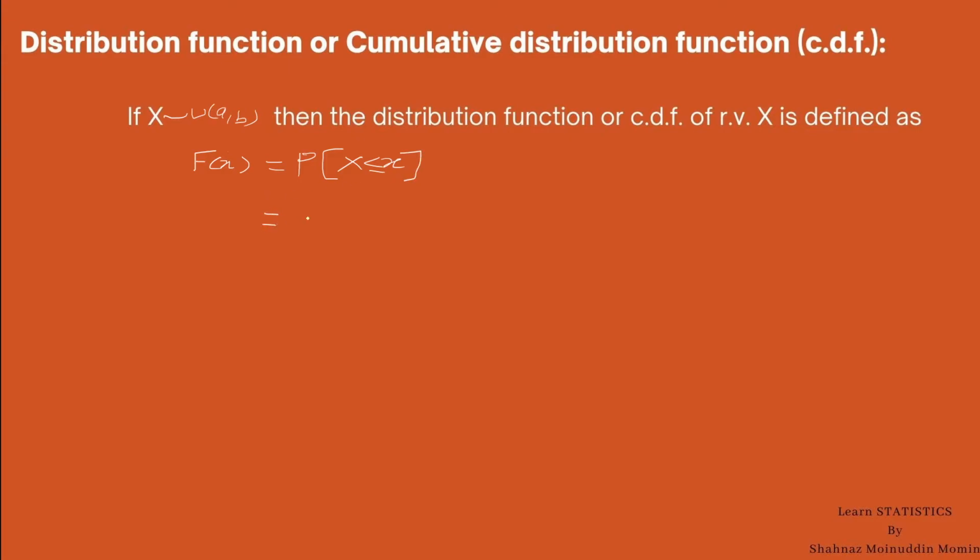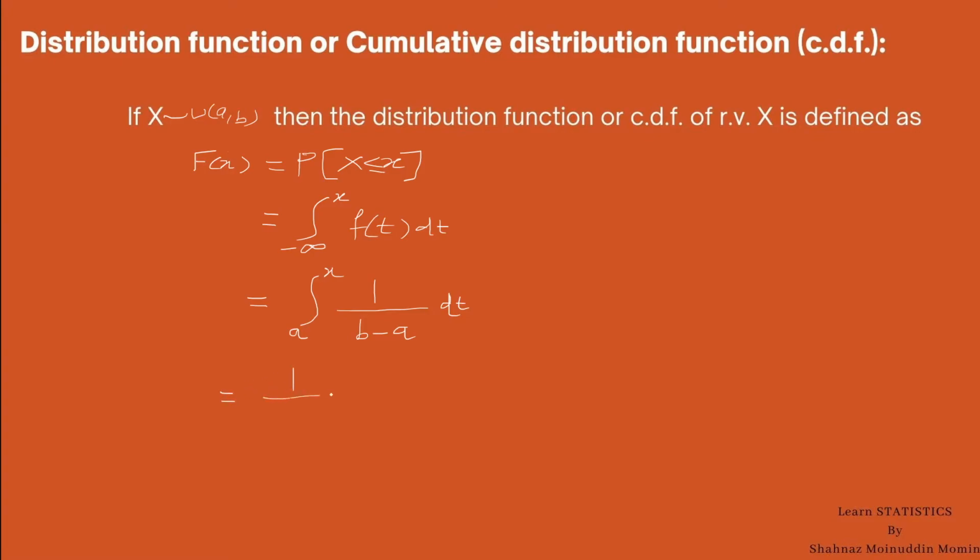Since x is continuous, we calculate this probability with the help of integration from minus infinity to x of f(t) dt. Here f(t) is the p.d.f of continuous uniform distribution. Since continuous uniform distribution varies from a to b, the lower limit is a, integration is from a to x of 1 upon b minus a dt.